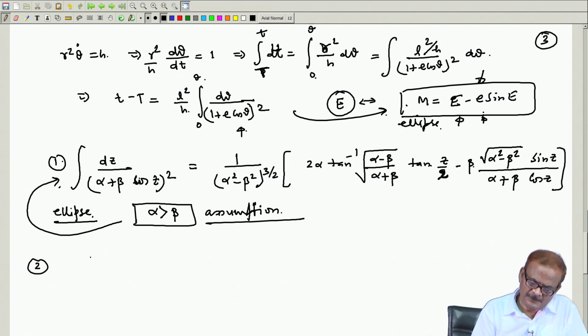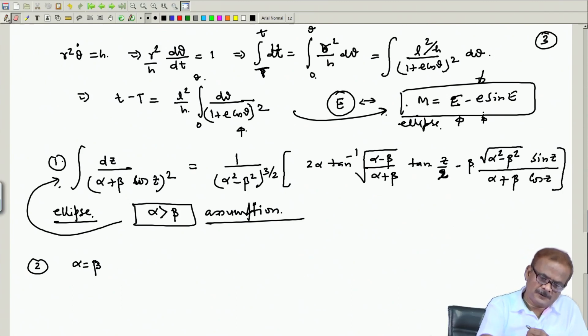Similarly, if you have alpha equal to beta, so in that case, this case will be applicable to parabola.